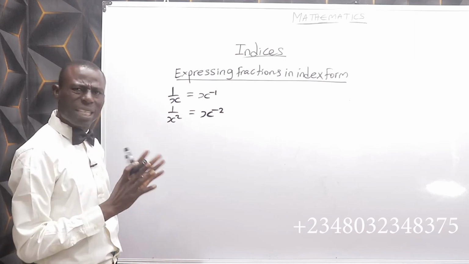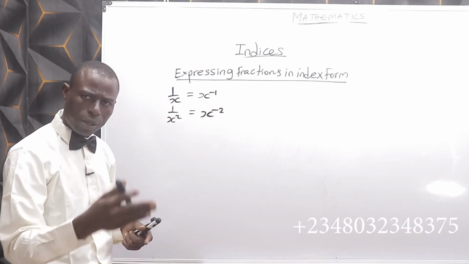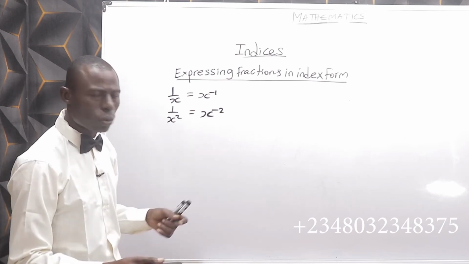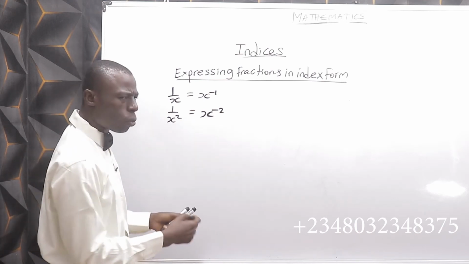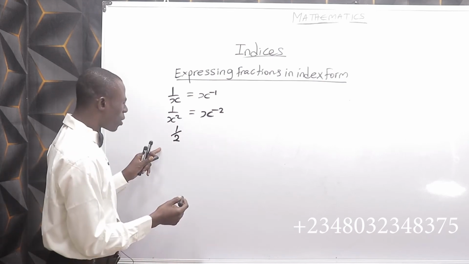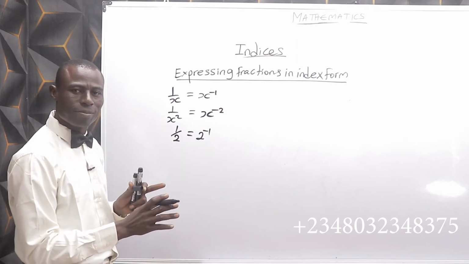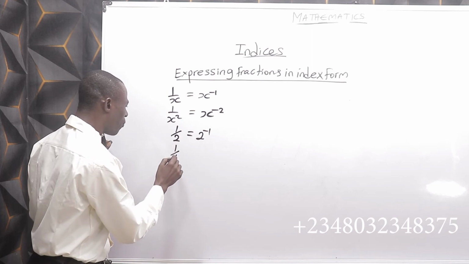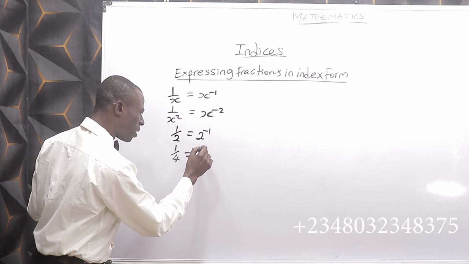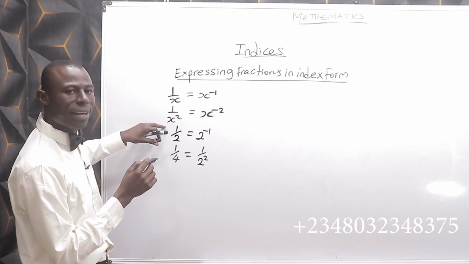So studying the format is enough for you to understand what we do here. 1 over x becomes x raised to the power minus 1. 1 over x squared becomes x raised to the power minus 2. Now, let's see what to do if you are to express 1 over 2 in index form. 1 over 2 in index form will be 2 raised to the power minus 1. It's as simple as that. Also, 1 over 4 in index form will be, you first express this as 1 over 2 squared, so that it will be like 1 over x squared.